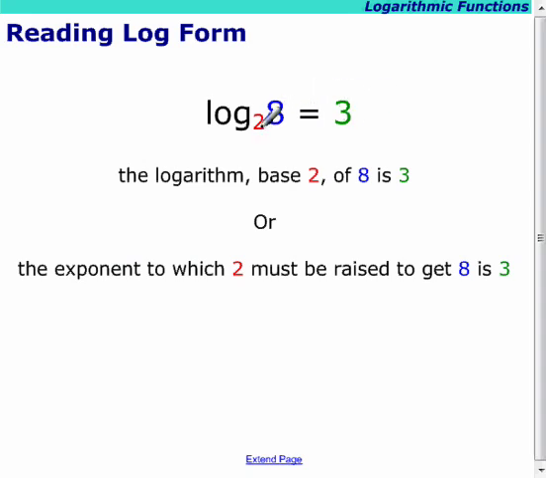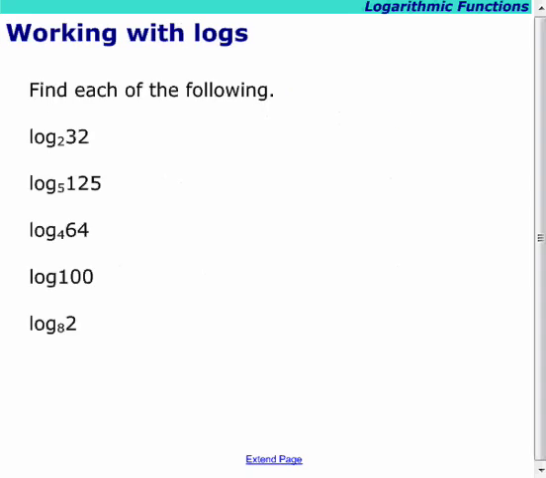I also like to say 2 raised to the power of 3 gives me 8. So the exponent to which 2 must be raised to get 8 is equal to 3.